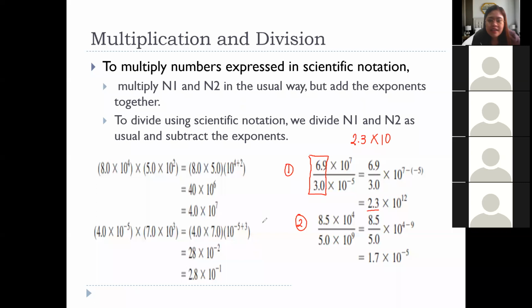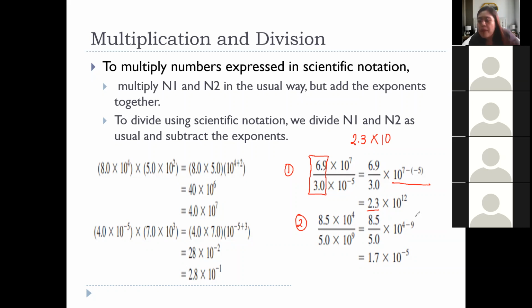So it is different from multiplication. In multiplication, we add the exponents. But in division, we subtract the exponents. As you can see on the screen, 7, since 7 is the first given, minus the second given, which is negative 5.